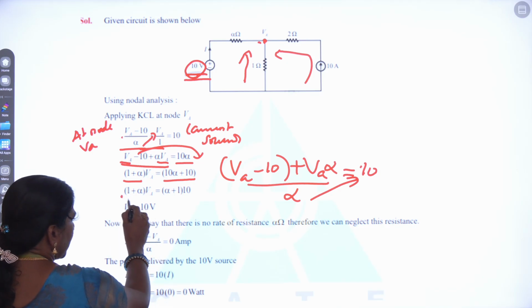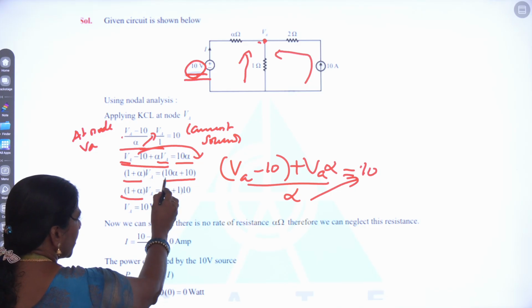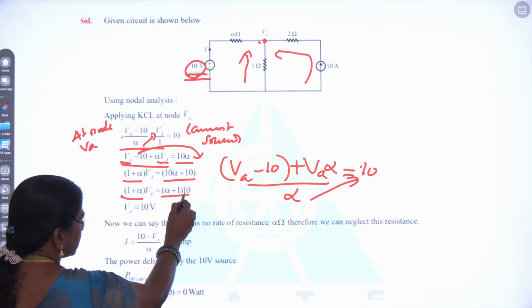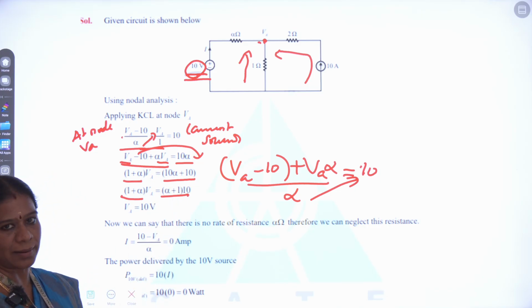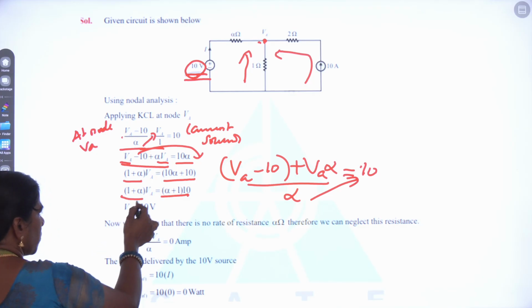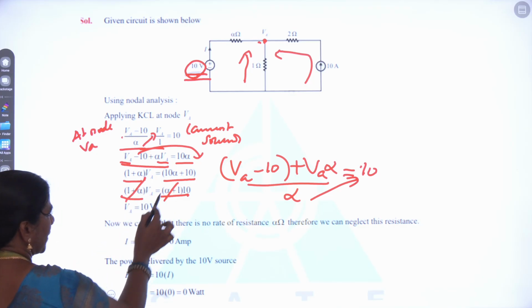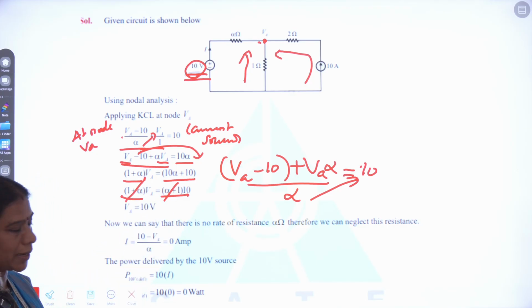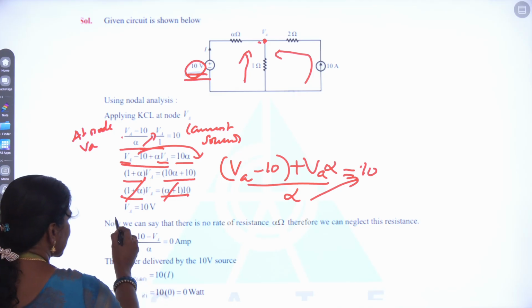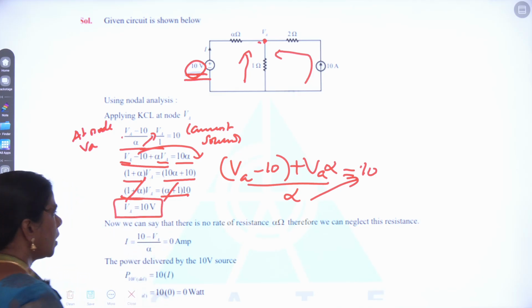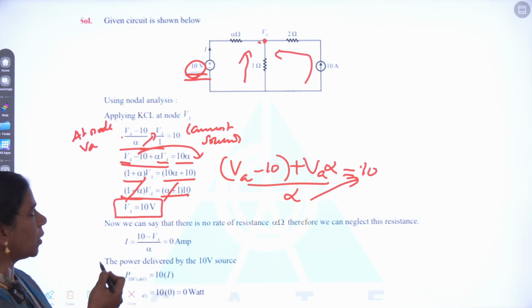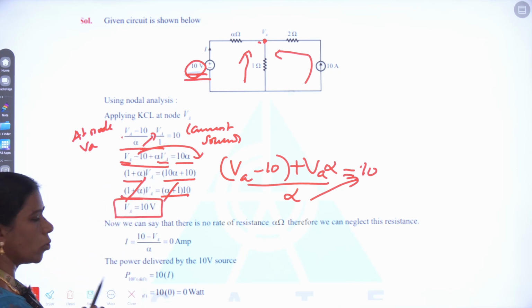Taking the 10 outside, it will be alpha plus 1 into 10. So on both sides we have 1 plus alpha, we can go for cancelling it. So we get VA as 10 volts. Now we can say the voltage at that particular node VA is equal to 10 volts.